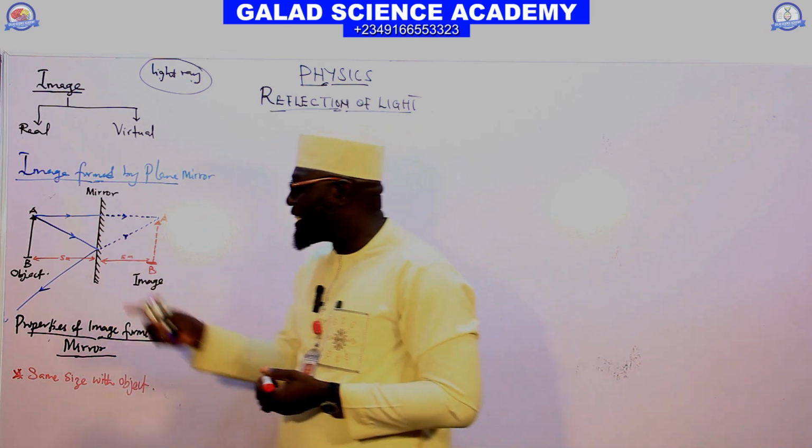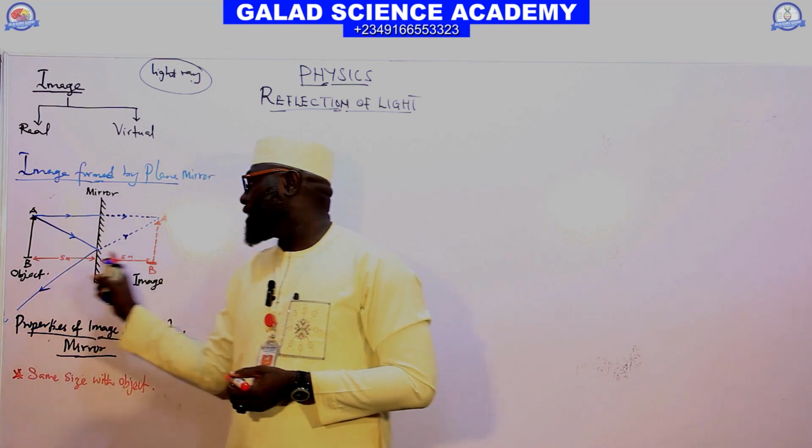So if the distance is reduced to 3 meters from the object, the image distance also reduces.